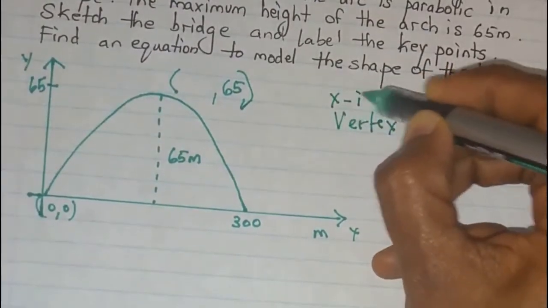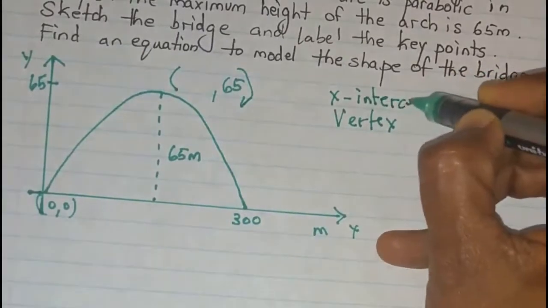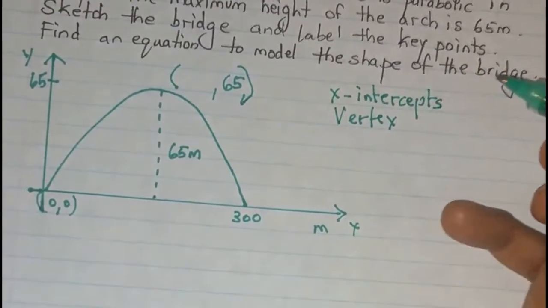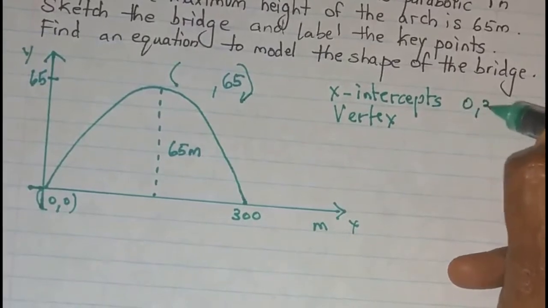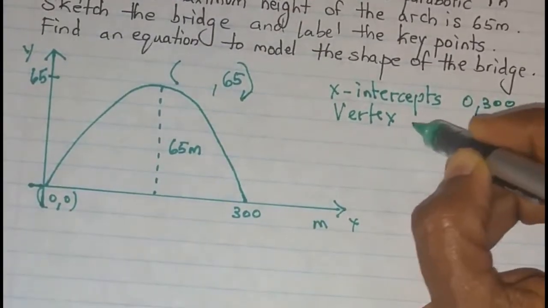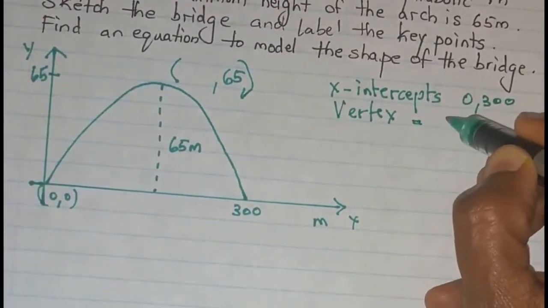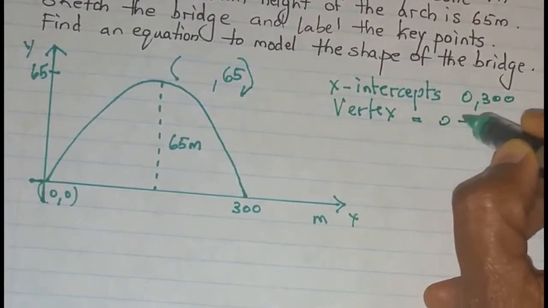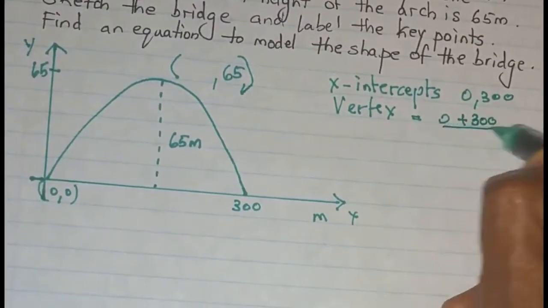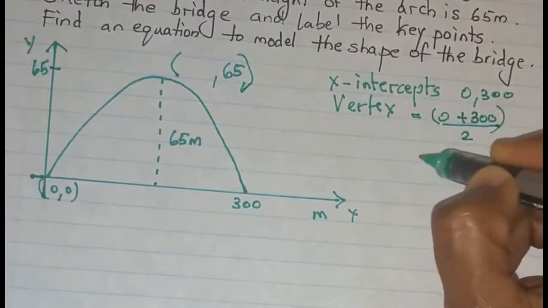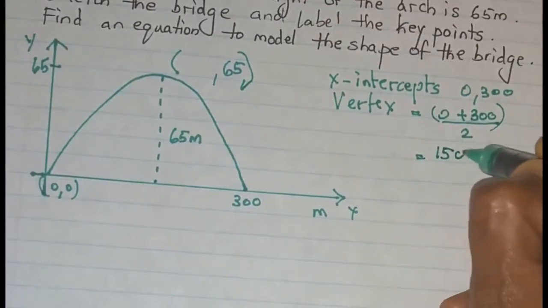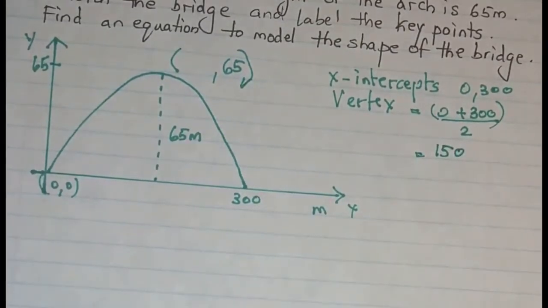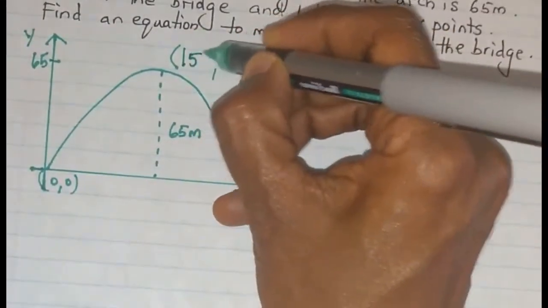So the x-intercepts are 0 and 300. To find the x-coordinate of the vertex, I find the average of that. I add them up and then divide by 2, which is going to be 150. So that would be the x-coordinate of the vertex.